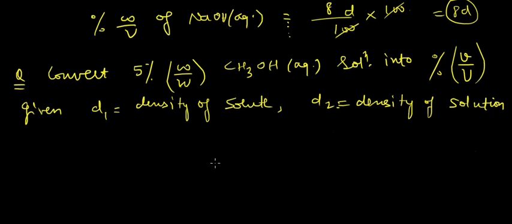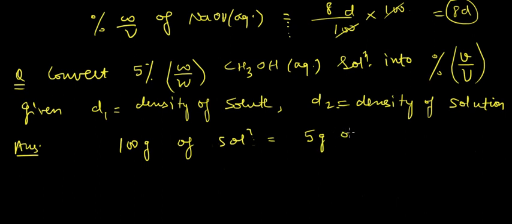Okay, so next we can have the solution as you have been given that 100 grams of solution contains 5 grams of CH3OH. What would be the volume of 100 grams of solution? Volume is equal to mass upon density.